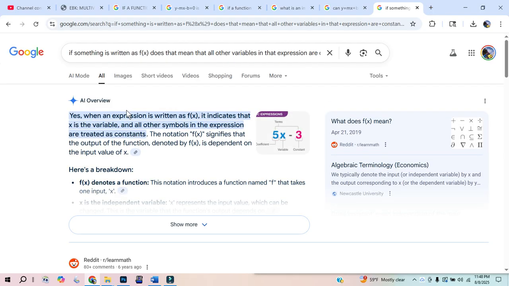Yes, when an expression is written as f of x, it indicates that the x is the variable and all other symbols in that expression are treated as constants.